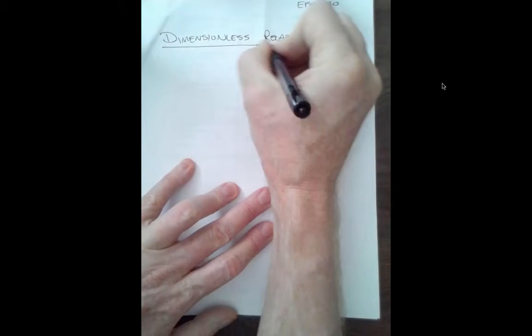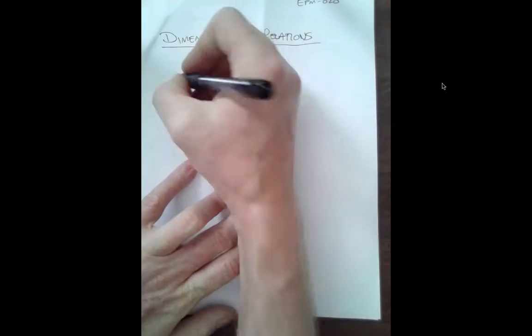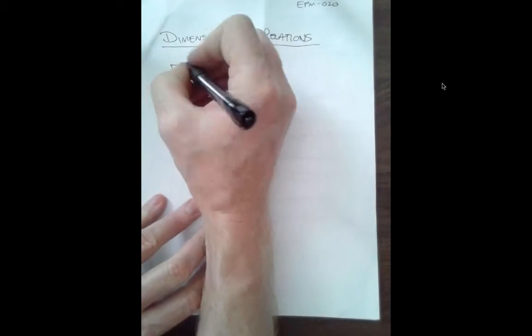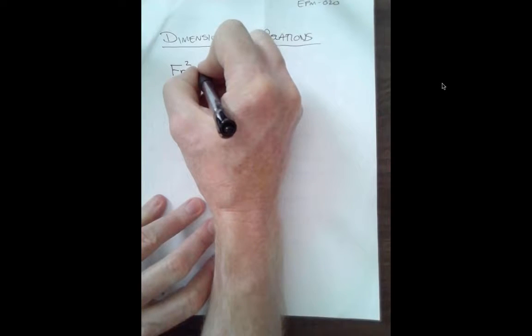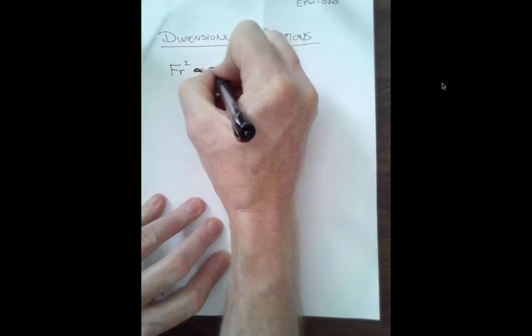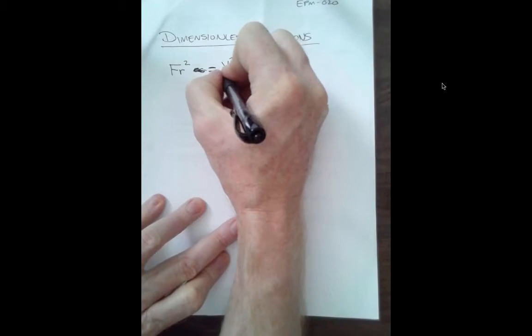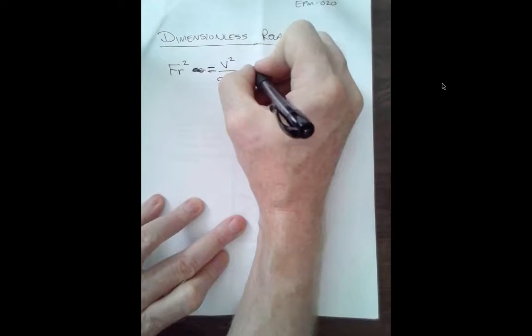One of the dimensionless groups that's very important in open channel flow is called the Froude number, and if it's squared, essentially, Froude number squared can usually be reduced to a mean section velocity squared divided by g times L.